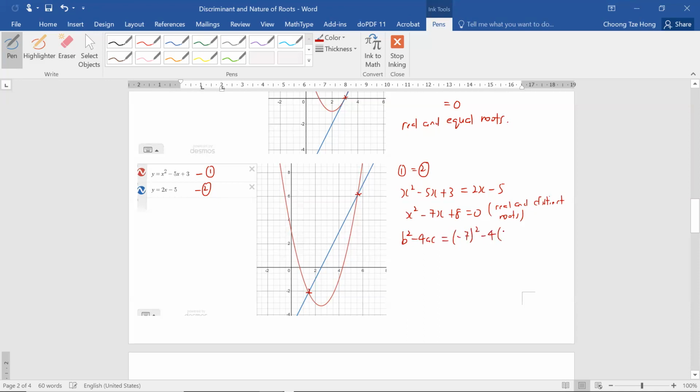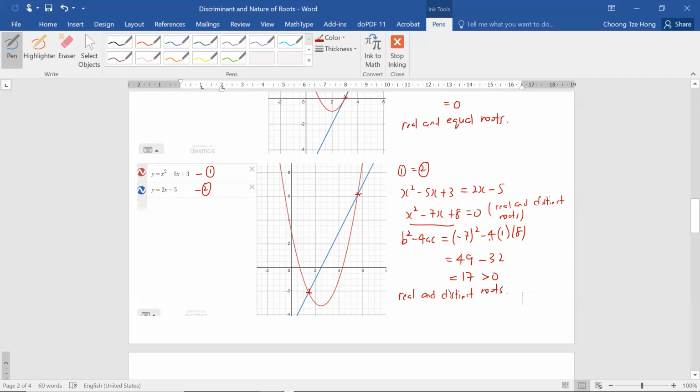So we get 49 minus 32, which is 17, greater than 0. So b squared minus 4ac is greater than 0, and this quadratic equation has real and distinct roots. The concept we learned earlier applies.